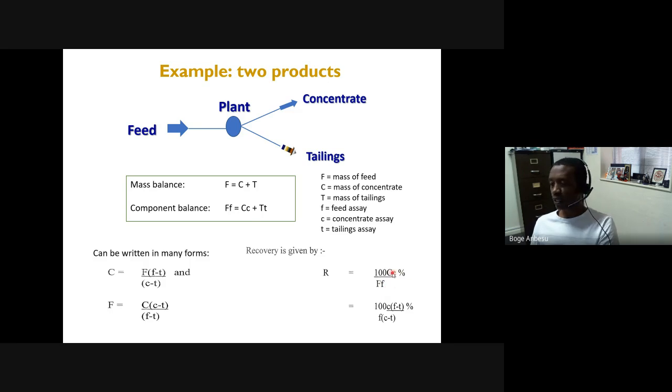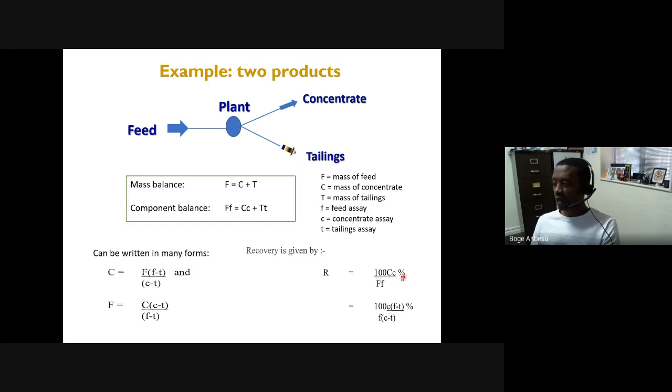So recovery mainly deals with material recovered in the concentrate for the valuable. So in this case, material could be copper, or it could be what is hosting the copper. If it's chalcopyrite is a copper mineral, so it could be chalcopyrite recovery, could be copper recovery, and so on. If it's gold, again, it could be gold recovery, or it could be what is hosting the gold. Could be pyrite, any other mineral that's hosting the gold.